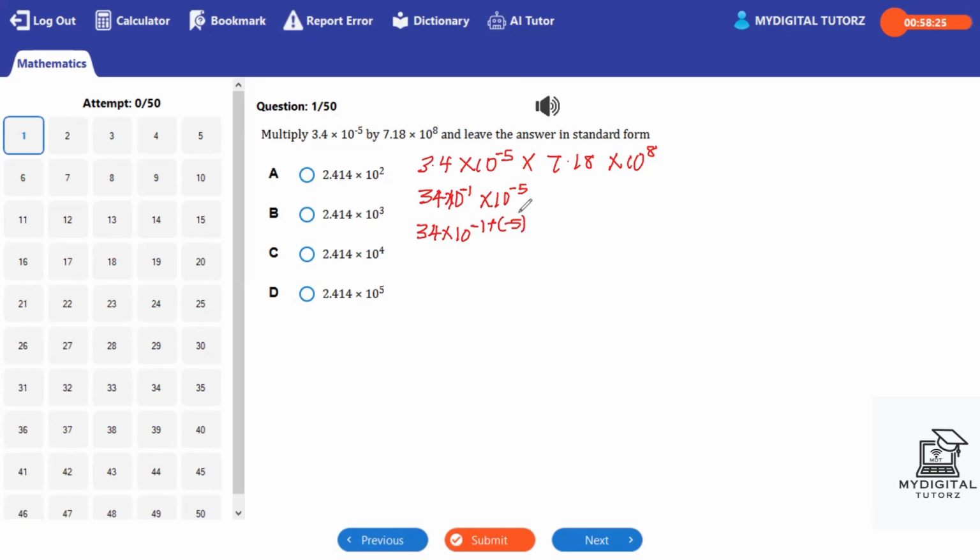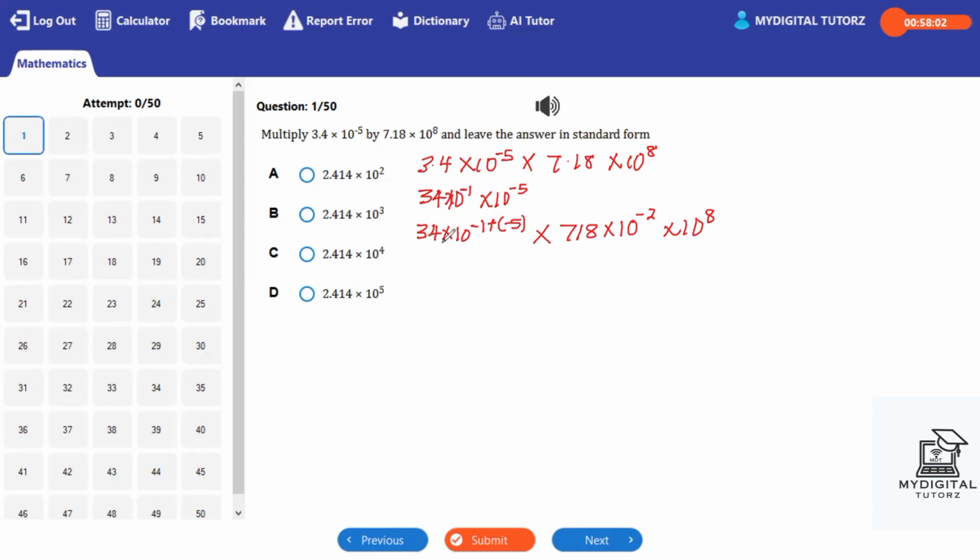I hope it is taken. Then multiply by 7.18, which can be written in standard form. Shift it two places, 1, 2, that is minus 2. So I have 718 times 10 raised to power minus 2, then times 10 raised to power 8.